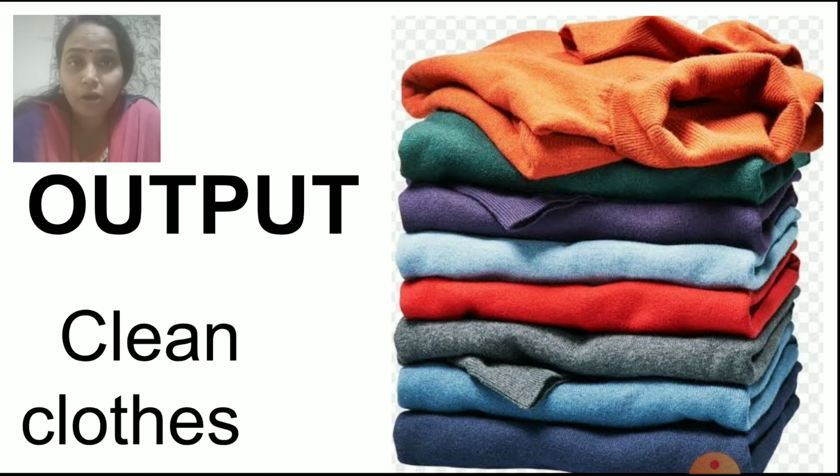What output do we get? We get clean clothes. Okay, children. So input we took dirty clothes. We need output. What output do we want? Clean clothes we want. So we need to process it in the washing machine. Washing is the process, and after washing clothes we get the final output, that is clean clothes.